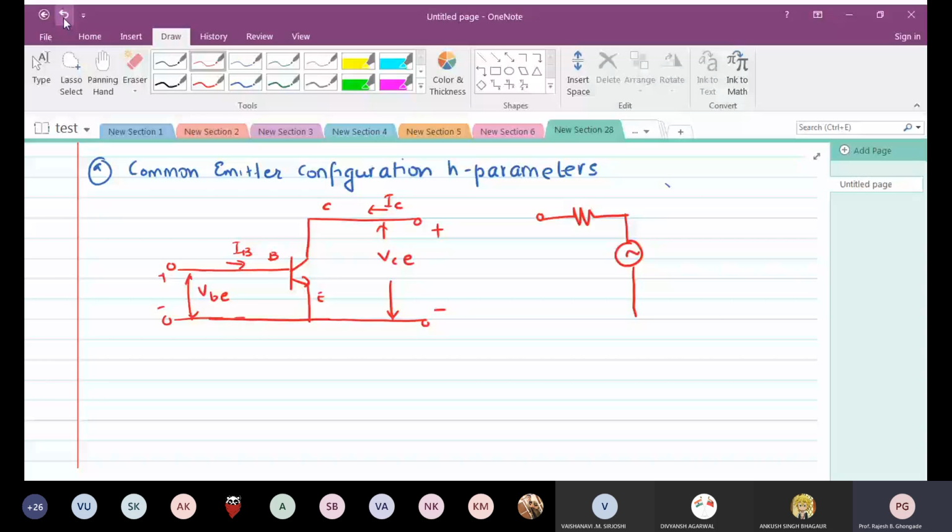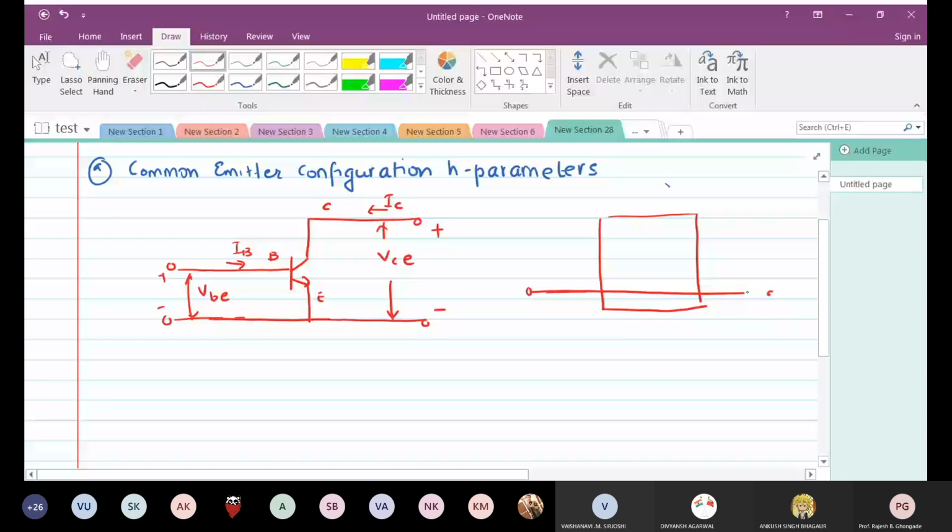If we identify this as a two-port network, this was the common terminal. Let us say this is a BJT now. So we had said this was I1, this was I2, and this was plus minus V1, this was plus minus V2.